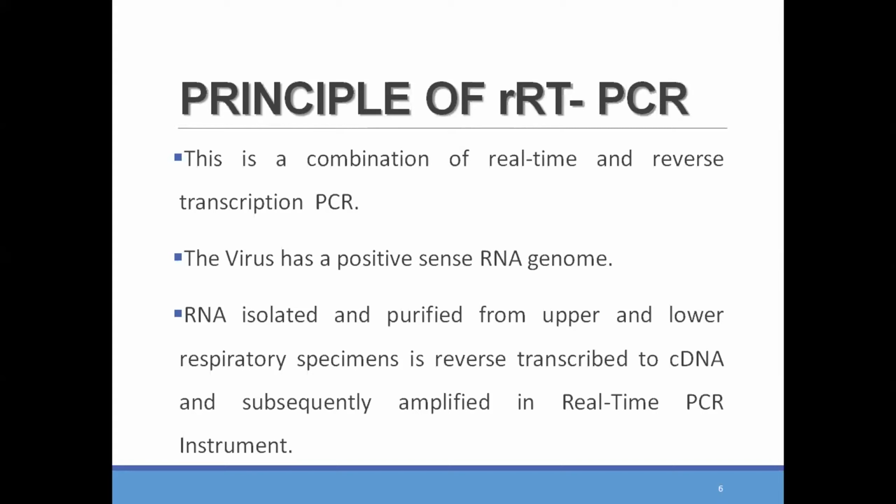This virus, as I mentioned before, has a positive sense RNA genome. So usually we need to isolate and purify the RNA from upper and lower respiratory specimens. Now, this is an RNA, and PCR techniques are developed for DNA. So what should we do?